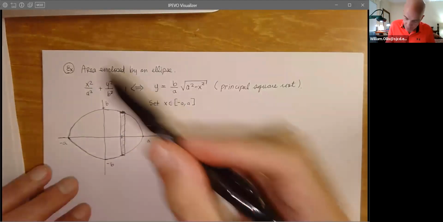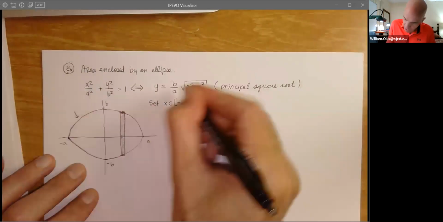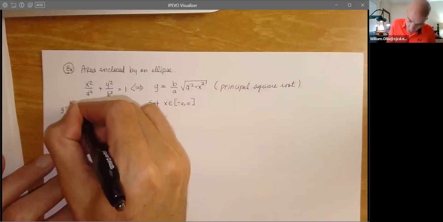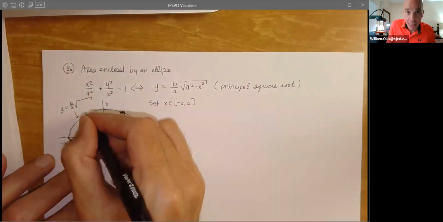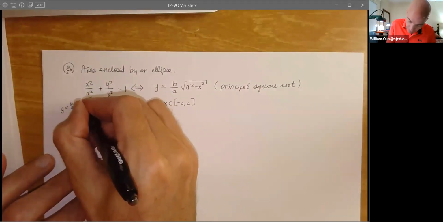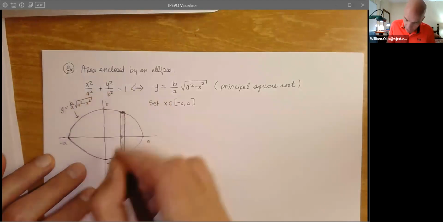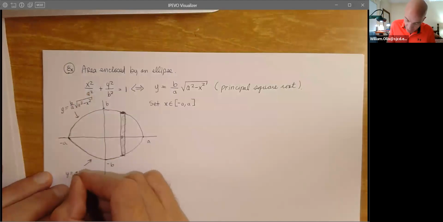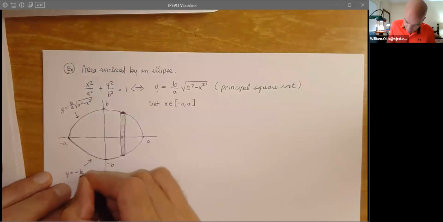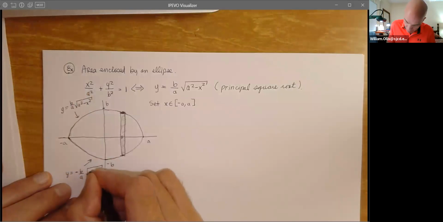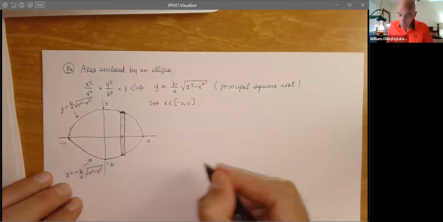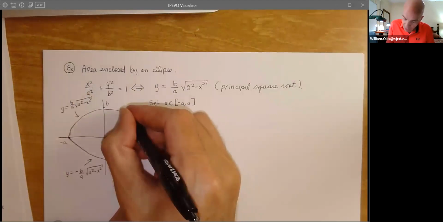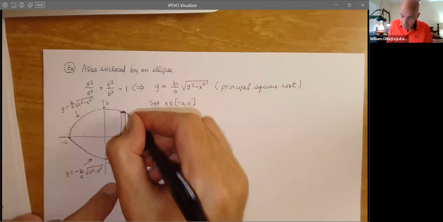So now we have the upper curve, which is this one here, y equals b over a square root a squared minus x squared. And then we have the lower curve, the additive inverse. So now, if we think about this point here, we have x, we've got the upper curve minus the lower curve.